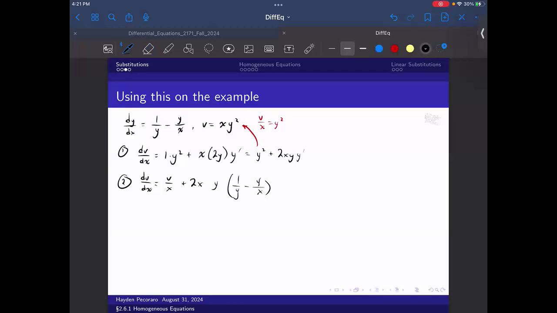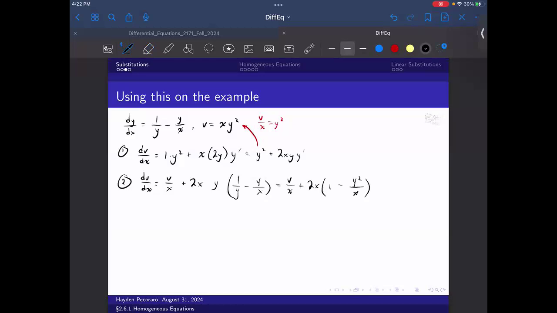Stuff cancels out, yeah. So I multiply it through and I get v over x plus 2x, and then 1 minus y squared over x. Okay, and then that y squared, well, that's v over x.